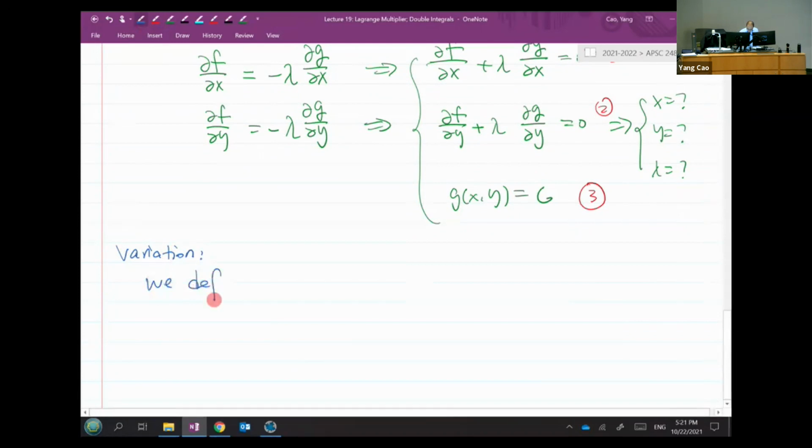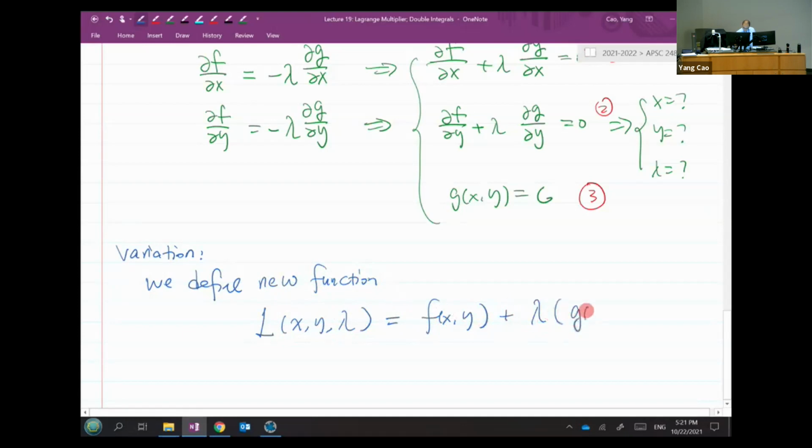So what we do is define a new function. We call it L. L is a function of x, y, lambda, and it is defined as f of x, y plus lambda times g of x, y minus c.